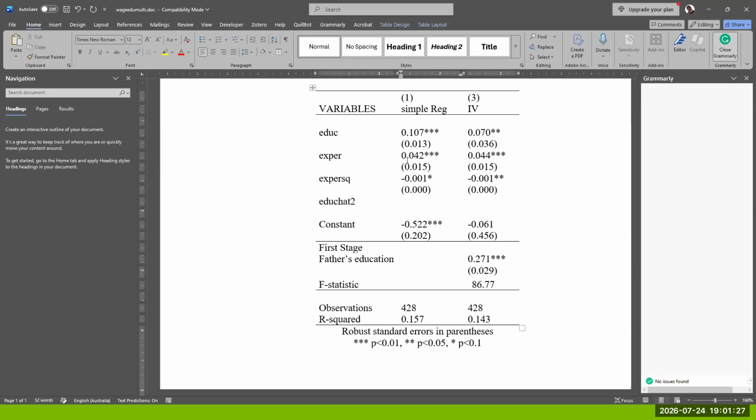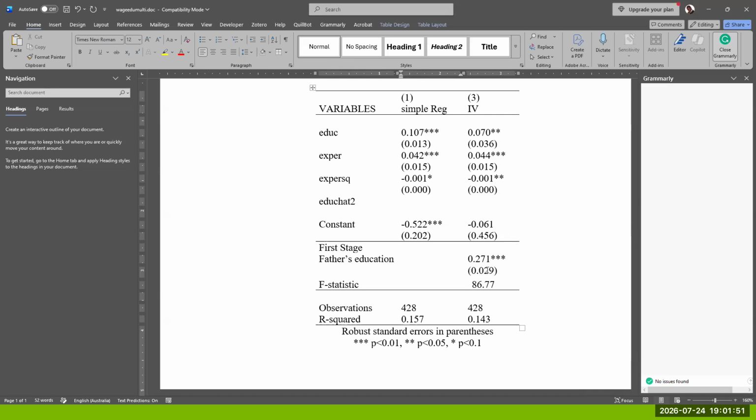The next point is, what if the instrument is not even as strong as you perceive? Sometimes in a statistical exercise like this one, you've reported your first stage regression, and in that first stage, we use education as the dependent variable and the father's education as the instrument.